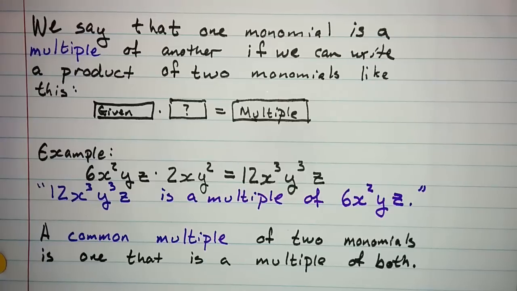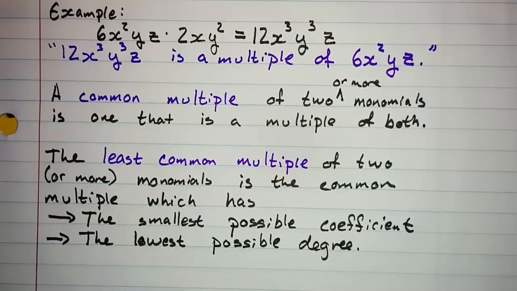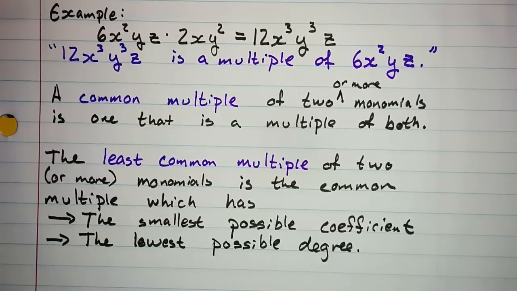But here we have to be a little bit different from the definition for numbers, since we can't really write the monomials strictly in order. The least common multiple of two or more monomials is the common multiple that has both the smallest possible coefficient and the lowest possible degree.